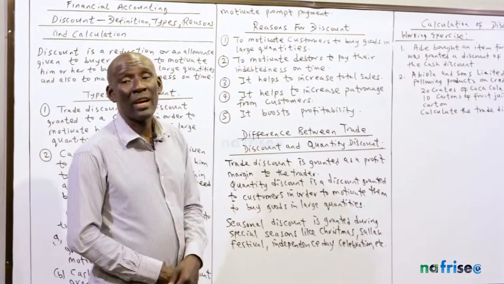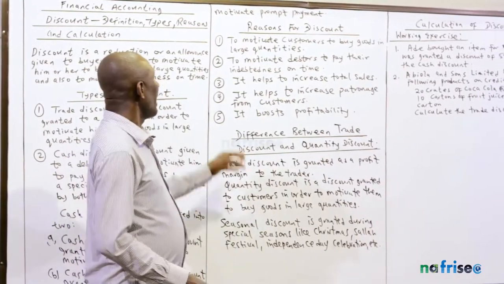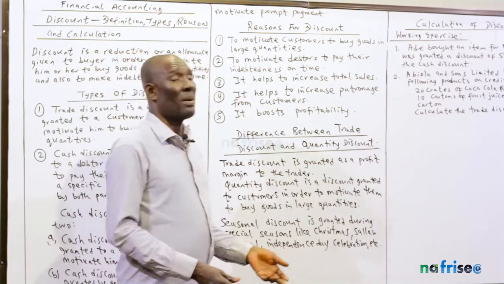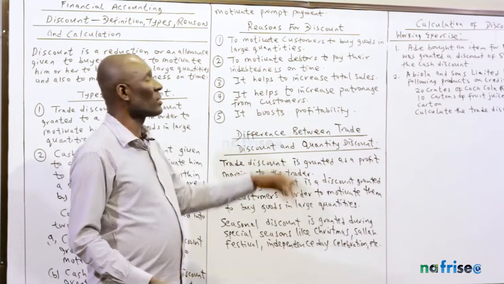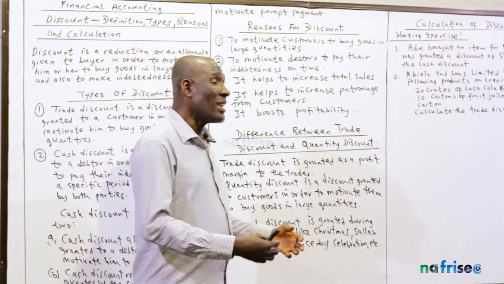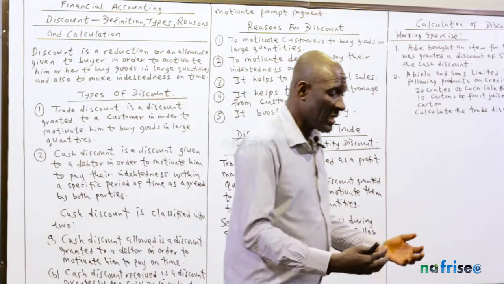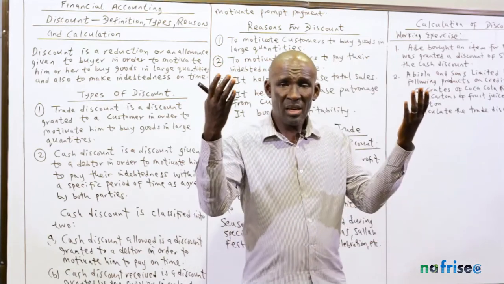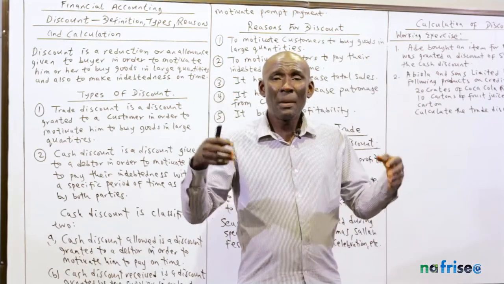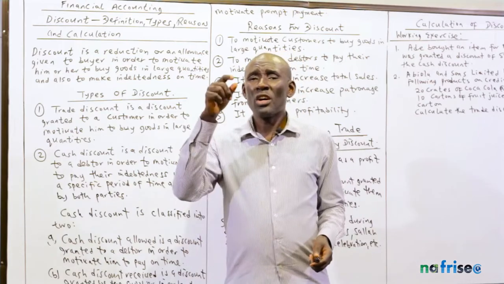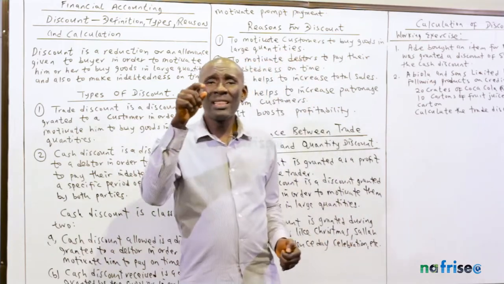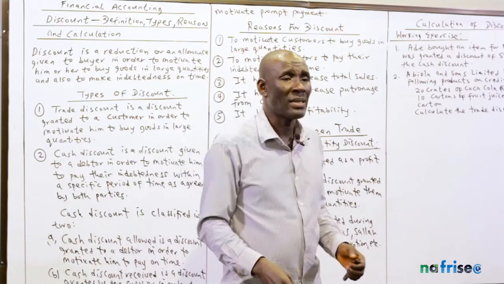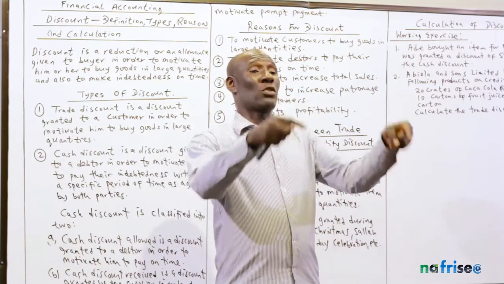Again, it also helps to increase patronage from customers, which one can also link to sales. Sales is an instant thing because people are buying from you, so your sales has increased. Patronage, because you have been known as an organization that offers discount to customers, your customers will keep patronizing you.